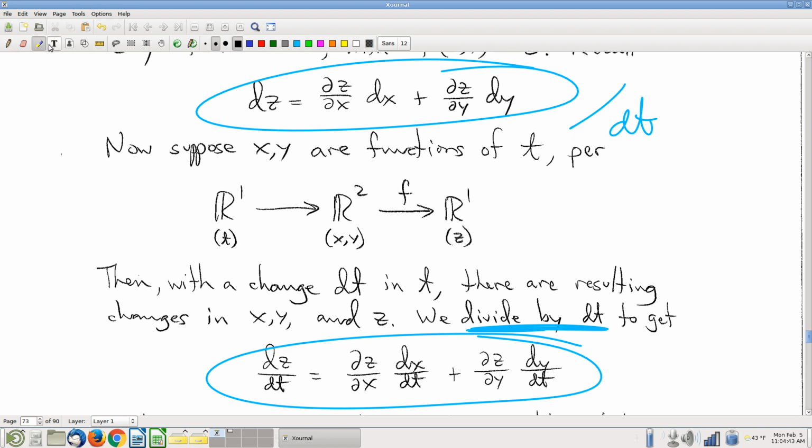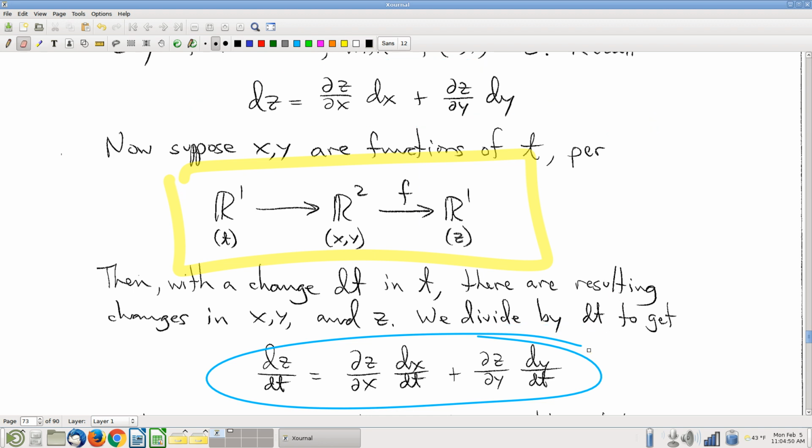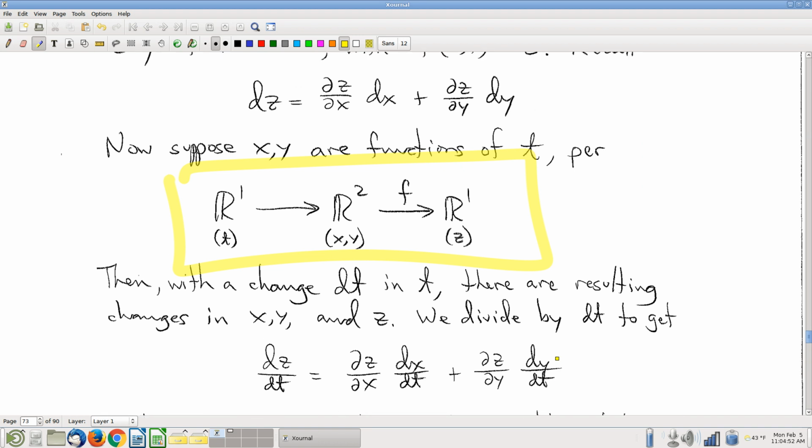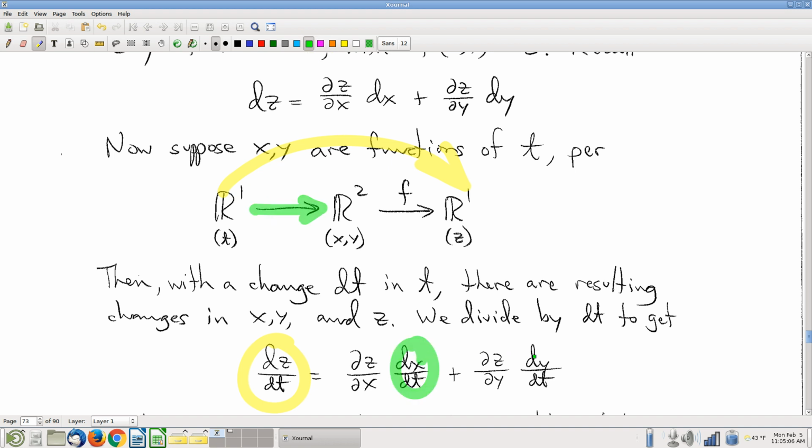Looking at this composition of functions, I have a formula that relates the derivative of the composition to the derivatives of the input, the derivatives of what you might call the first function, and the derivatives of the second function.